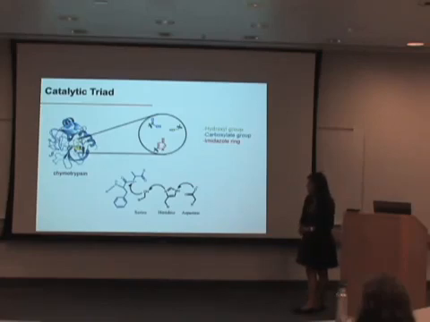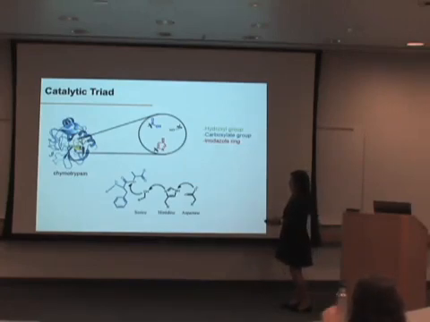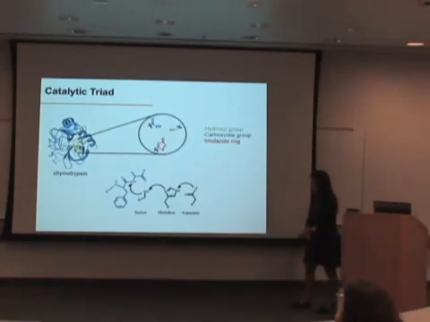And so the way that this works is the aspartate activates the histidine, and the histidine then deprotonates the serine, and then that will cleave. This is an amide bond, so a protein bond basically, and then this deprotonated serine will break this amide bond right there. But the catalytic triad is the same for both lipase and protease.